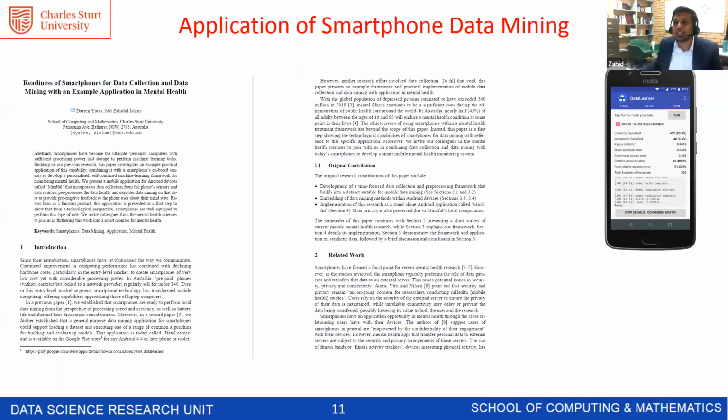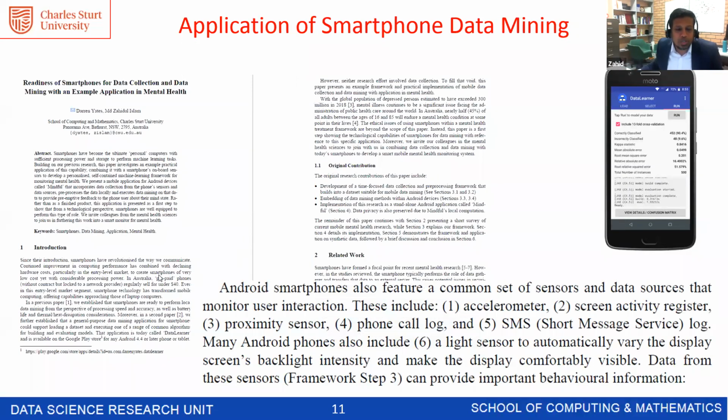In this paper, we used the sensors to collect information about an individual, the individual who is using the phone. These are the sensors that we used: accelerometer, screen activity, proximity, phone call log, SMS log, etc., and the light sensor, which I explained before.